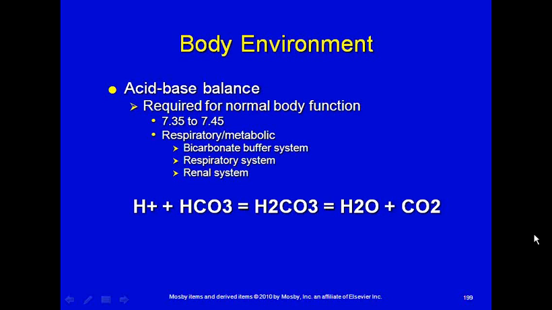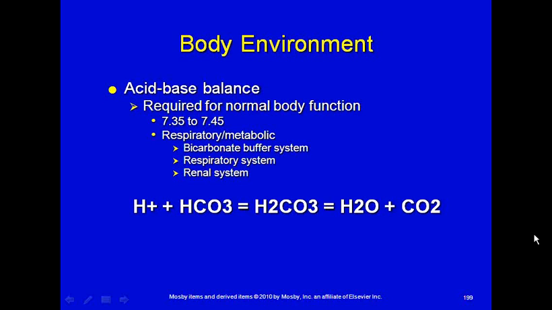As an example, on the very left-hand side of the formula, you have H, which is a hydrogen ion, and acids liberate hydrogen ions. So in a condition where you have lots of acid in your bloodstream, you're going to have lots of hydrogen ions in your bloodstream. And the hydrogen ions are going to combine with the available bicarbonate in your bloodstream to form carbonic acid. That's the H2CO3. That's carbonic acid. And carbonic acid dissociates quickly into CO2 and water, H2O and CO2.